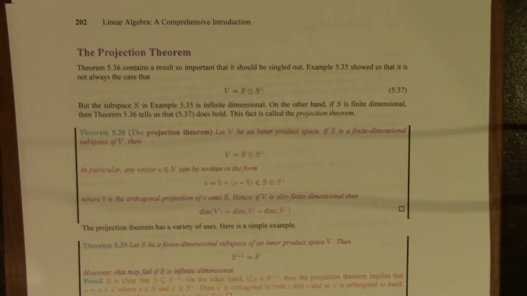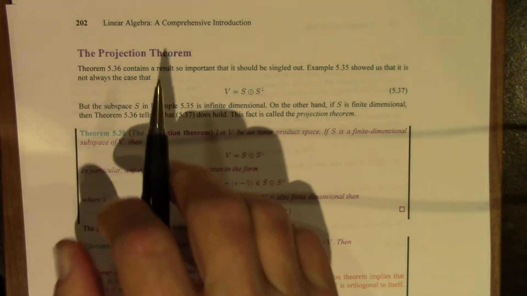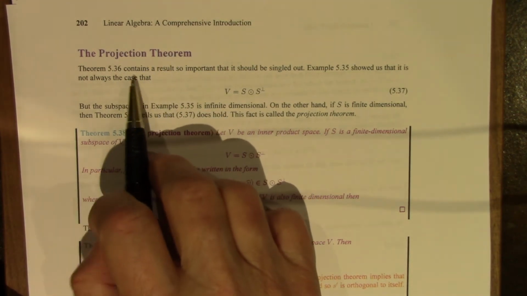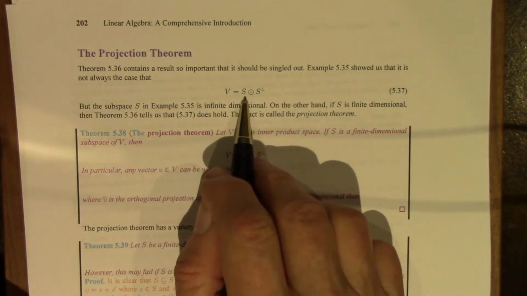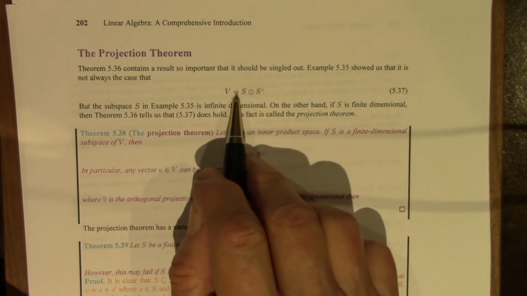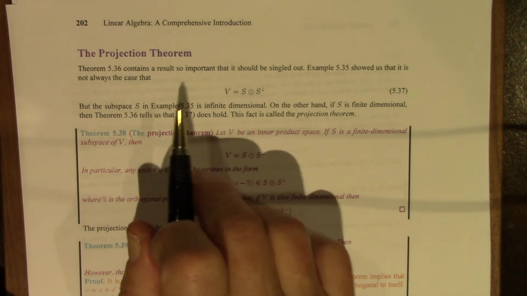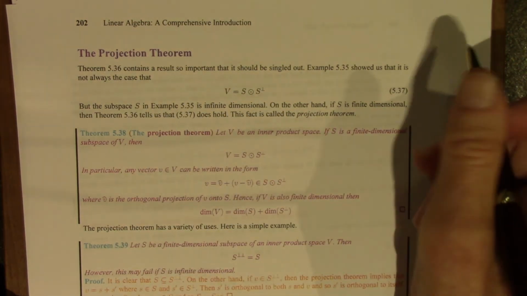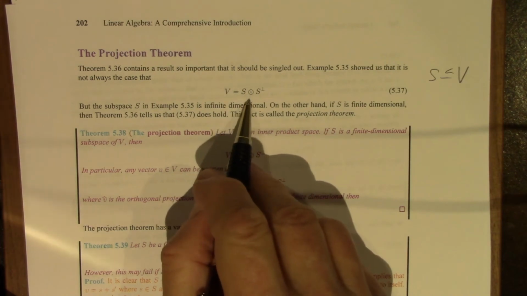So, as I said a moment ago, we're going to single out one fact from this last theorem. We've seen from an example given last time that if S is a subspace of an inner product space V, then this is not necessarily the case.